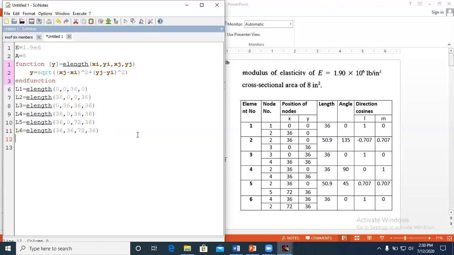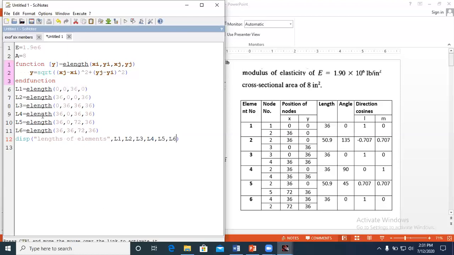Now I will display the L1, L2, L3, L4 up to L6. I will write here L1. Here I will write the message, length of elements, then inverted comma complete, comma L1, comma L2, comma L3, comma L4, comma L5, comma L6.